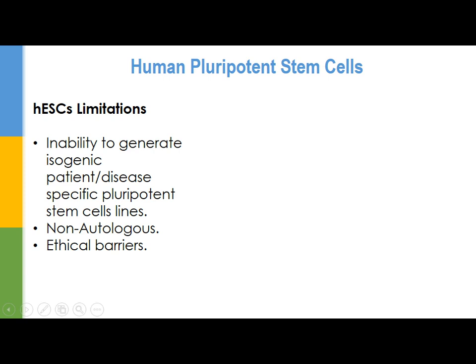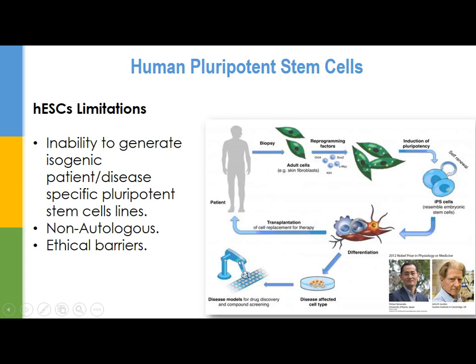And the potential solution to this problem came with the introduction of the induced pluripotent stem cell technology by Shinya Yamanaka. Briefly, this technology is based on reprogramming adult somatic cells with a set of transcription factors into pluripotent stem cells called induced pluripotent stem cells, iPS for short. These cells are very similar to human embryonic stem cells, and they can be differentiated into all derivatives of all three germ layers, including cardiomyocytes.